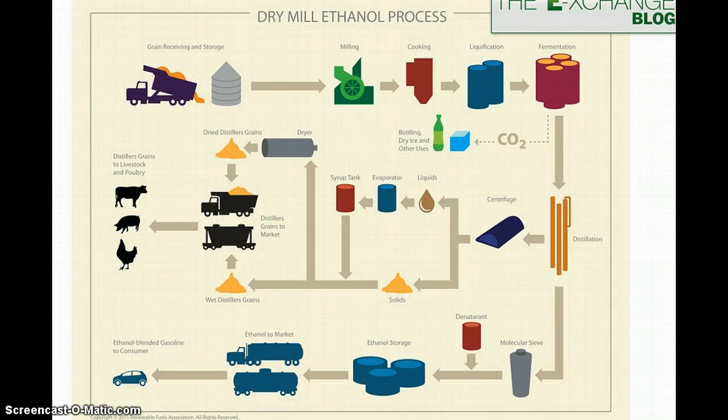In the fermentation process, carbon dioxide was released because that was a byproduct when the yeast reacted with the starch to break it down into a simple sugar. So all the CO2 that was released then goes into the bottling or is used to make dry ice for companies. And this process is how ethanol is produced to get to the consumer, which is you.